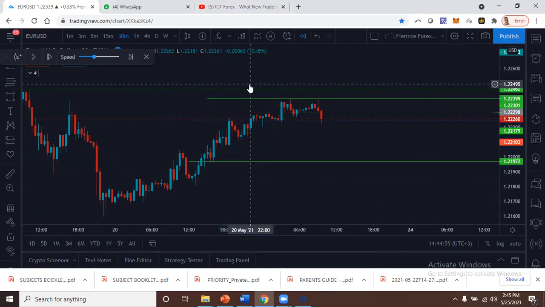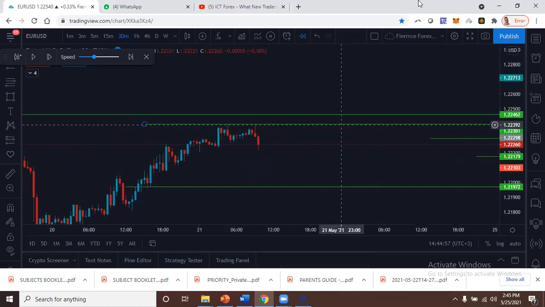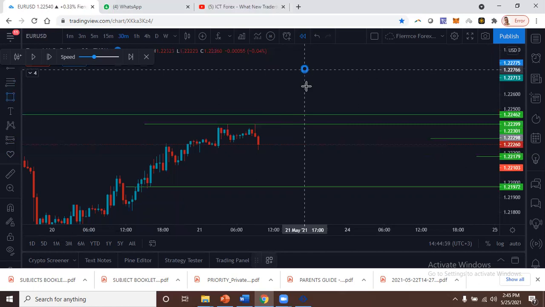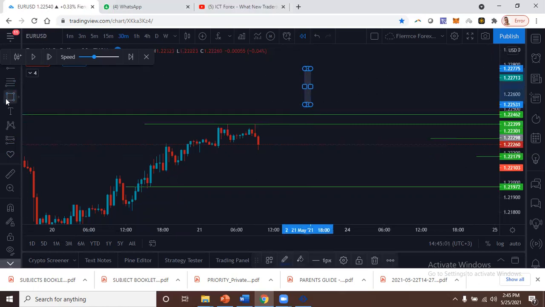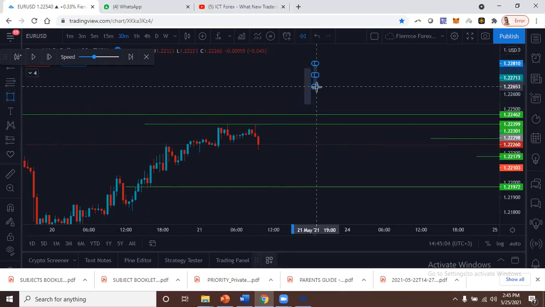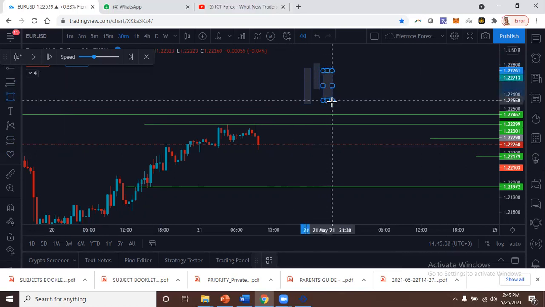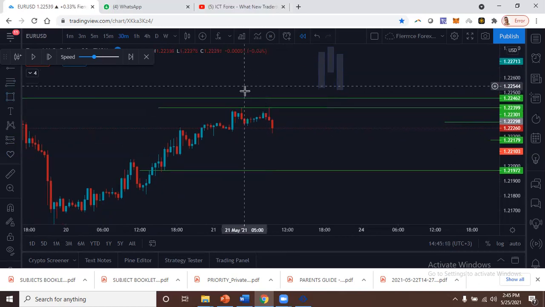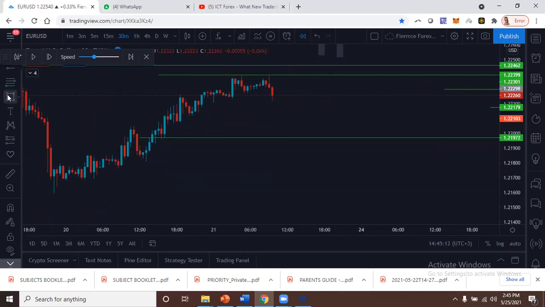Now, let me just reiterate for those who don't know what a swing high and a swing low is. Here is a swing high. Swing high at the top of a structure, and then swing low at the bottom of a structure.